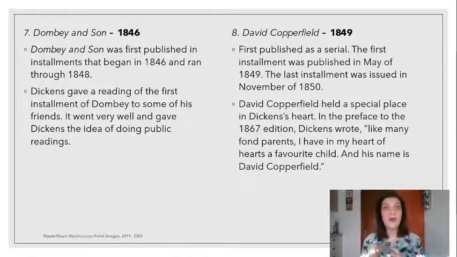In the preface to the 1867 edition, Dickens wrote, I will read it for you, but you can read it alone: "Like many fond parents, I have in my heart of hearts a favorite child, and his name is David Copperfield." So he considered David Copperfield as the young Dickens, as Dickens the child, and he was particularly fond of this child and of this character.